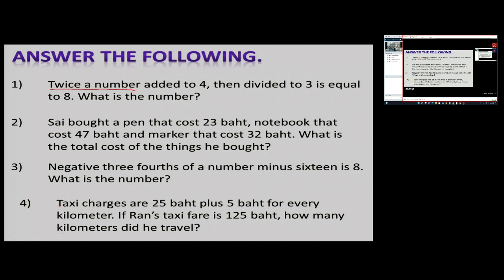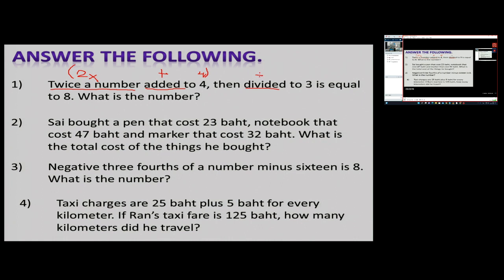Twice a number. Now, if we're going to write this in an algebraic expression, what is this? Twice a number is 2x. Now, added is addition, plus, added to 4. After twice a number is added to 4, you are then going to divide.